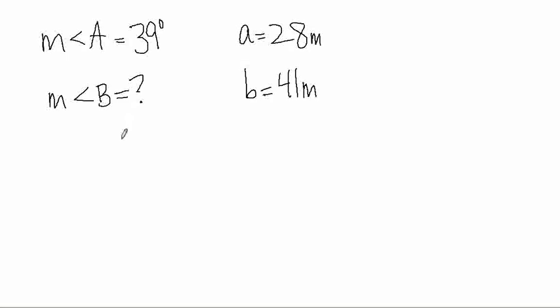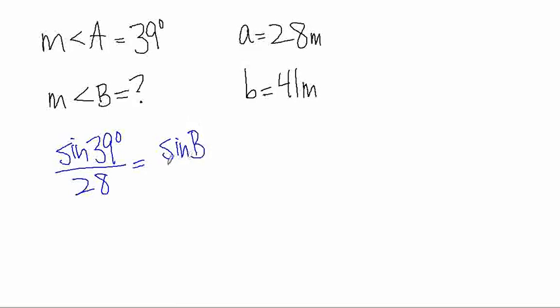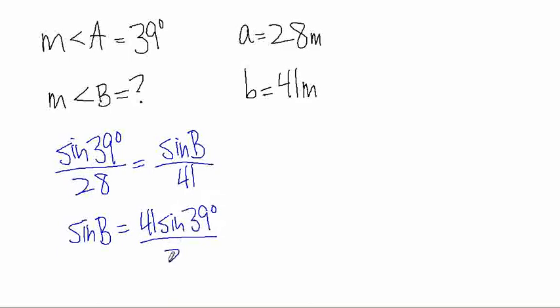Well, let's try it. So, the sine of 39 degrees all over 28 is equal to the sine of B over 41. So the sine of B, if I multiply both sides by 41, I get 41 times the sine of 39 degrees all over 28.